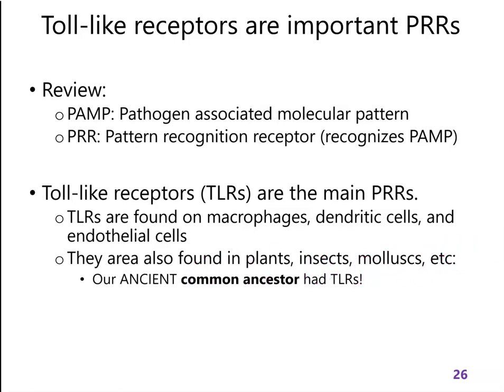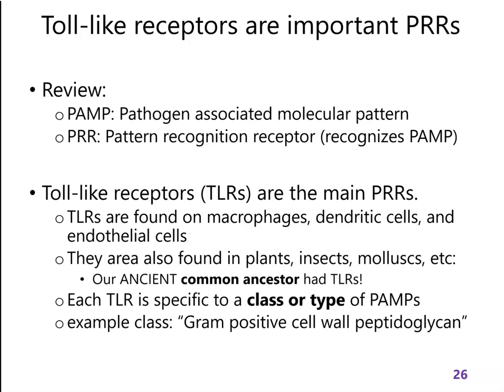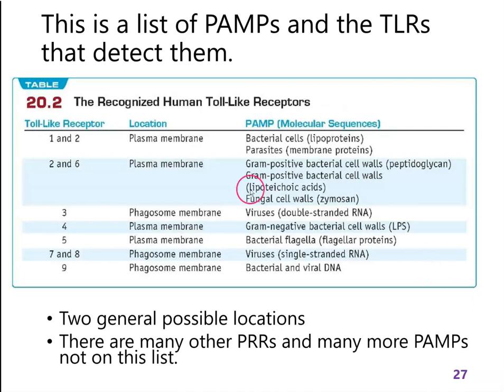So plants, insects, they were discovered in fruit flies, basically. And what you will see is that toll-like receptors tend to specifically detect one type of PAMP, like a certain specific type of peptidoglycan. So let's look at a list of PAMPs and the toll-like receptors that detect them.